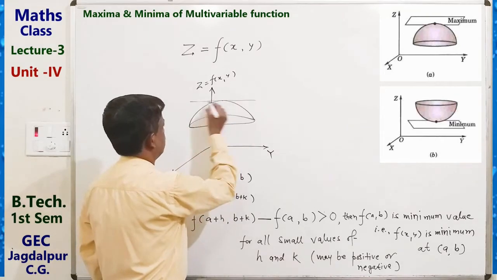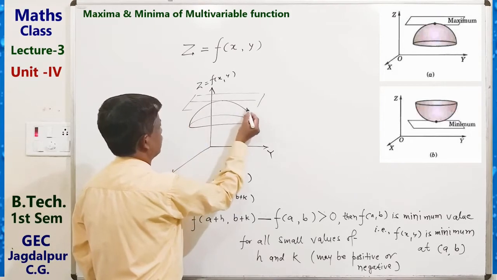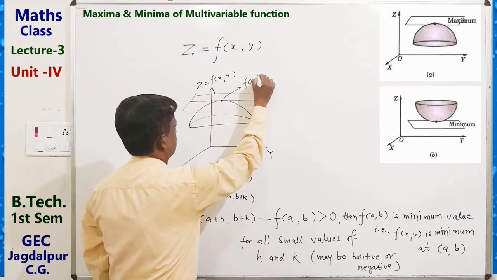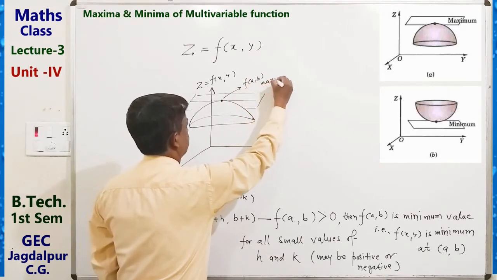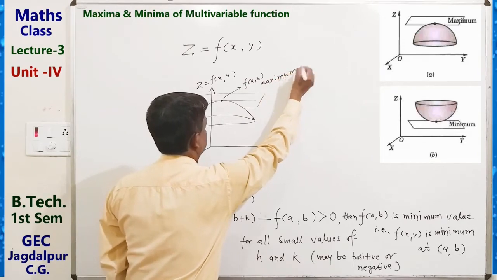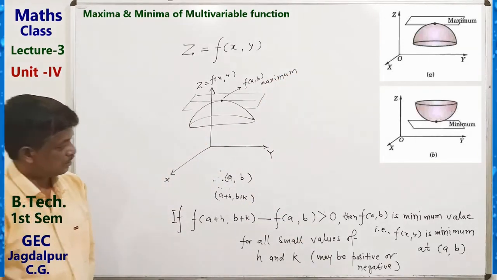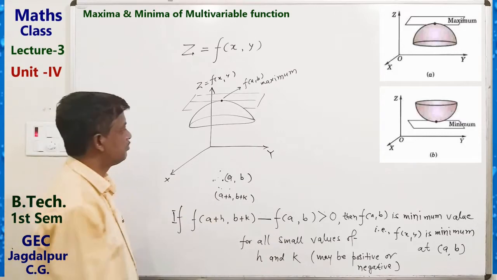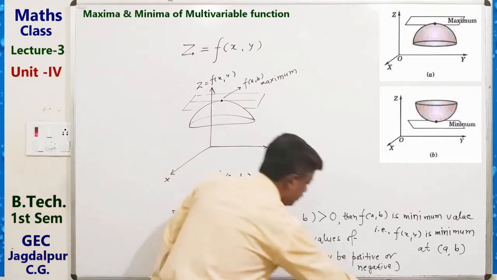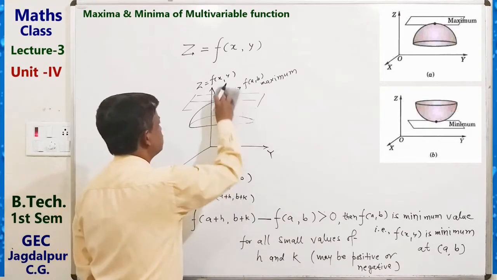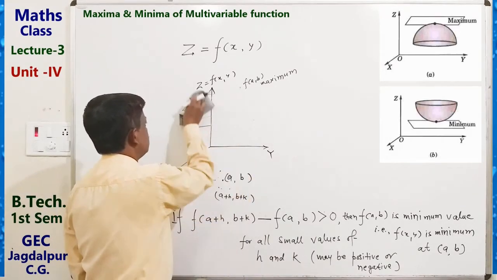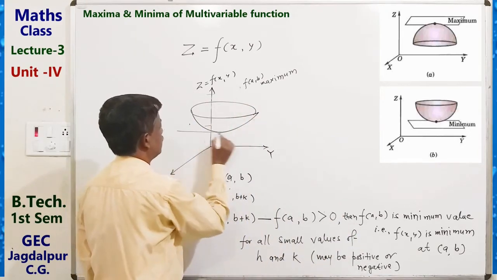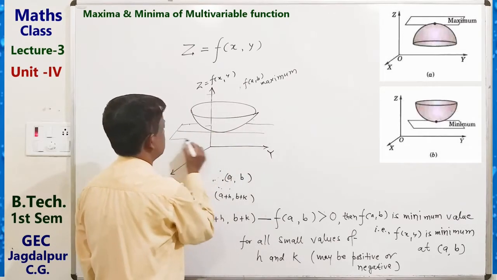Here, this is tangent. This is the minimum. And maximum. Clear? Corresponding to this. Similarly, from the second diagram, for the minimum value, how can we write it? This is the tangent plane.